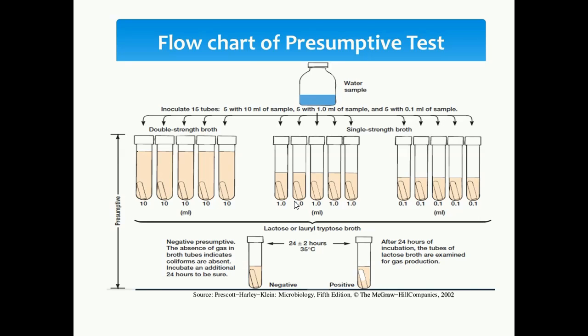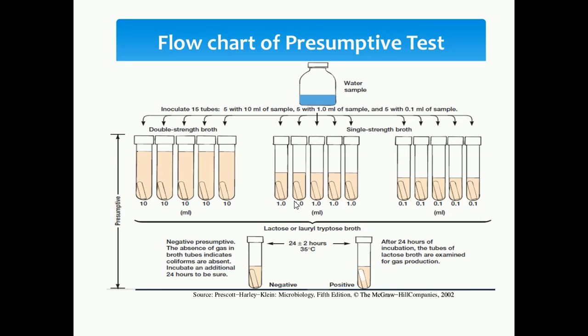Here we are observing 10 ml lactose broth in 15 test tubes, and then we are observing addition of 10 ml water sample in 5 double strength broth test tubes.